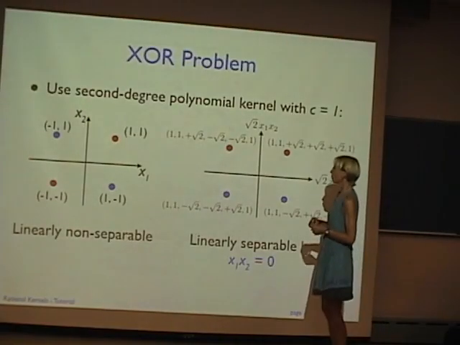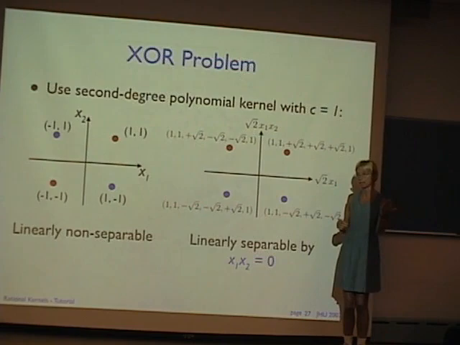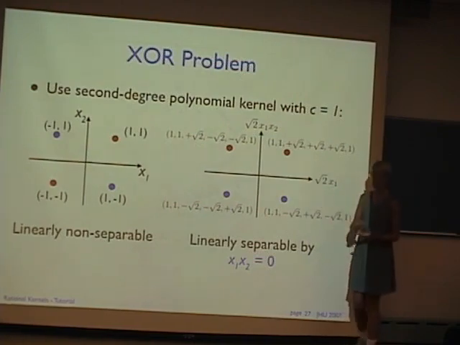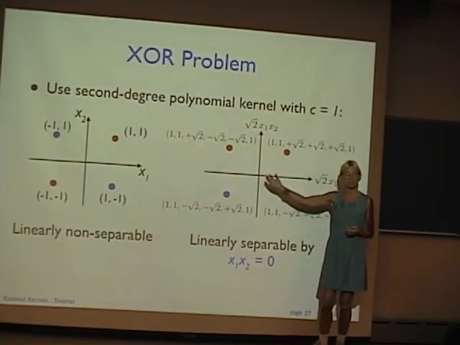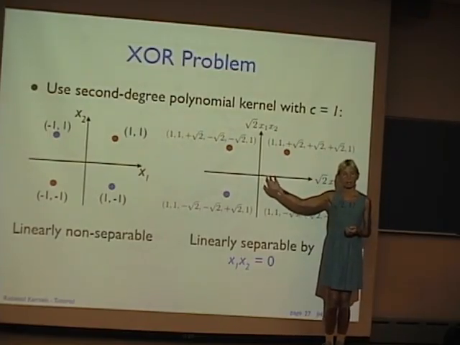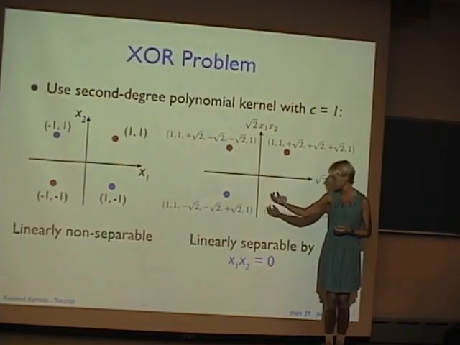What can we do? Well, if we make use of the feature mapping from the previous slide, here I just show you 2 of the coordinates from the previous slide, the x1 and the x1, x2. Now it's all of a sudden separable. So actually, just making use of a nonlinear mapping turned our otherwise non-separable task into a separable task.